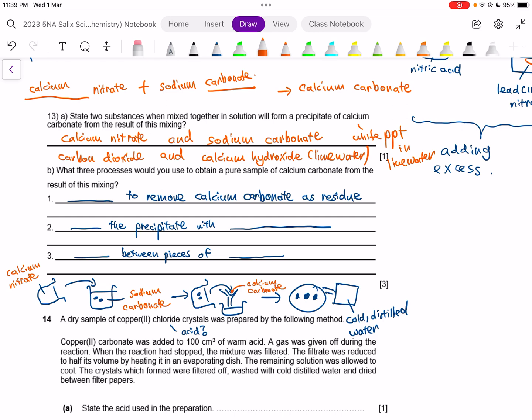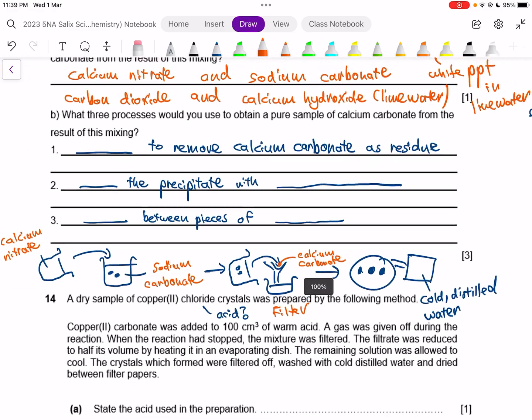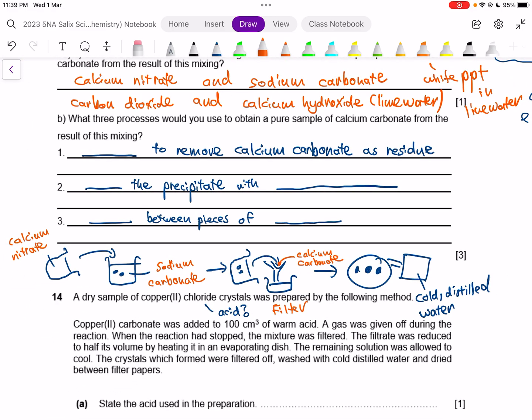So this part you do your filtering, to remove the residue. Then you wash the precipitate with cold distilled water. Then after that, pat dry.